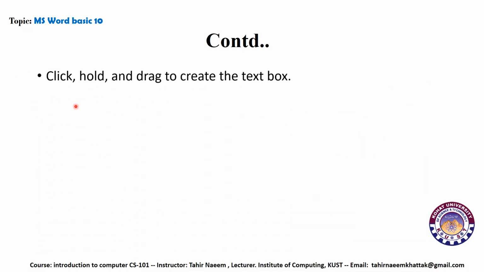So here we will click, hold and drag to create our text box. Basically, when we click on create text box, we have to click, hold the click and then drag to create the text box.